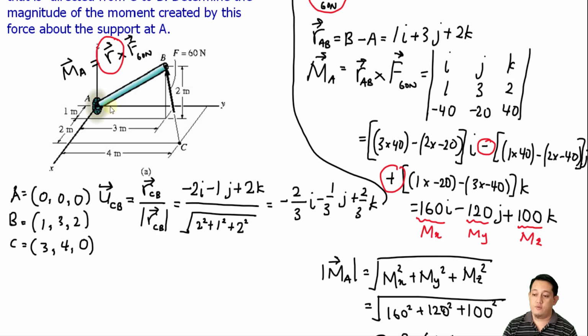Right now we use A to B. In the next video I will show you the calculation when we use RA to C. Why RA to C? Because RA to C is also the distance from the rotation point to the line of force, because the line of force here is from C to B.